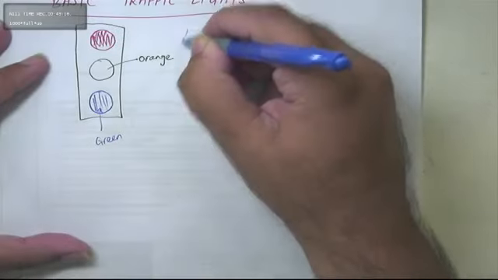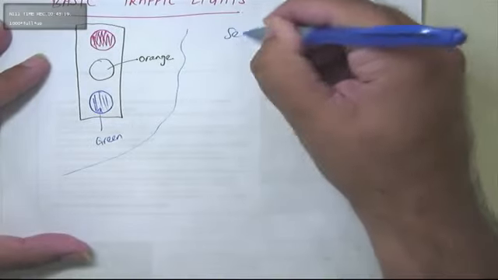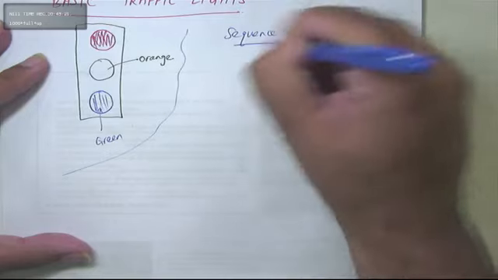Okay. All right. So let's just try and deal with how we can handle the lighting of this particular traffic system. Now, let's think about the sequence.